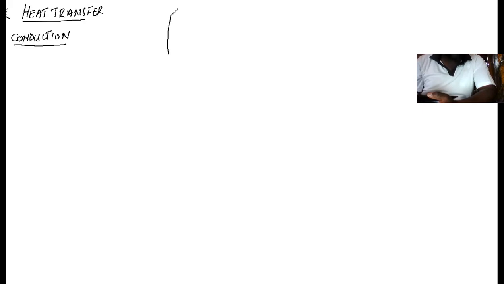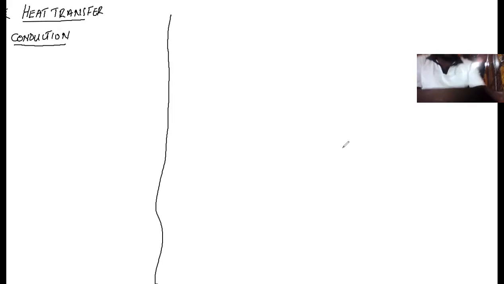So today we are starting with what we call conduction. And the conduction is basically the transfer of heat energy from one place to another through a substance without moving the substance itself. What does that mean?